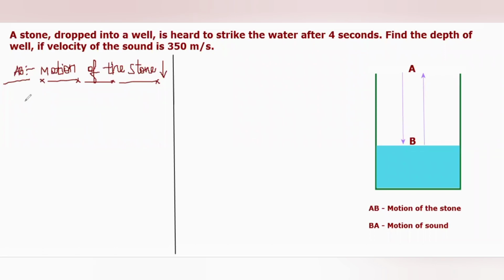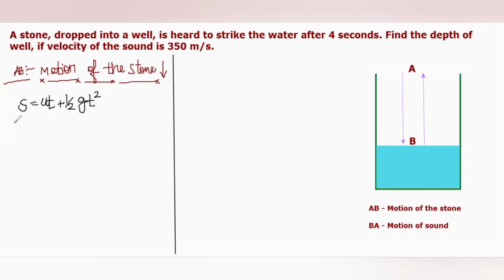We know that it is a downward motion, so g is plus g. So S equals ut plus half g t square.